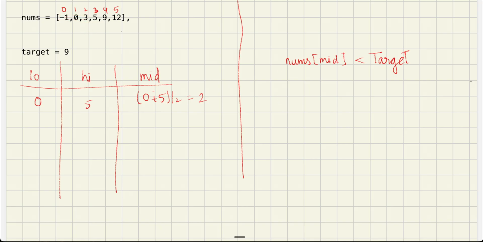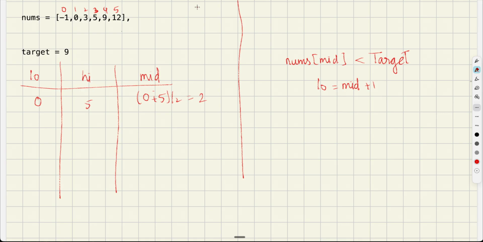Now what did I do? If my nums of mid is less than target, I have moved my low to mid plus 1, because since mid is not the answer and I know that the answer will not be on the left side of it, I have moved my low.